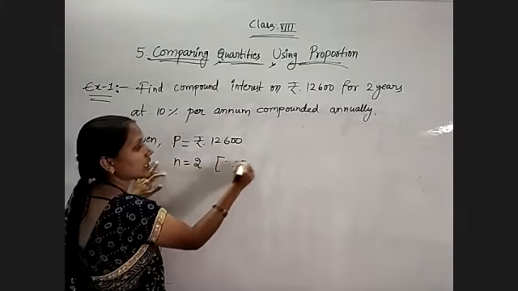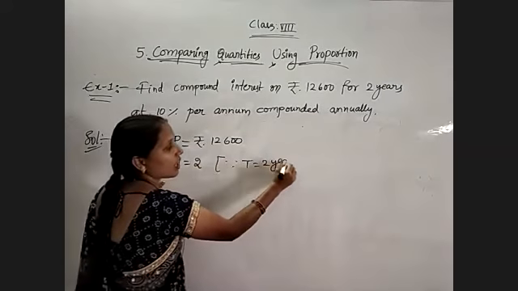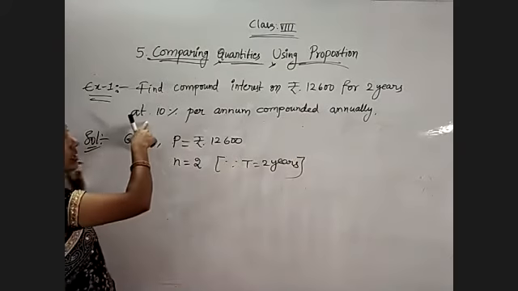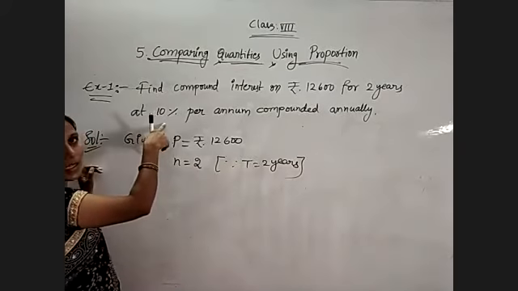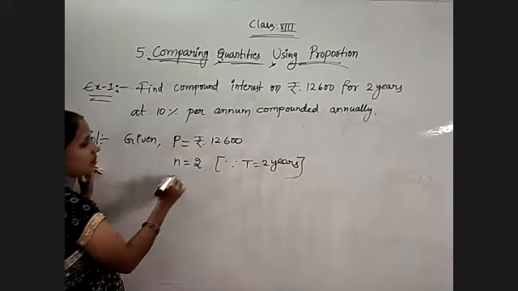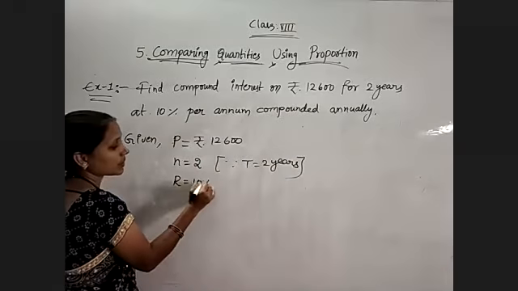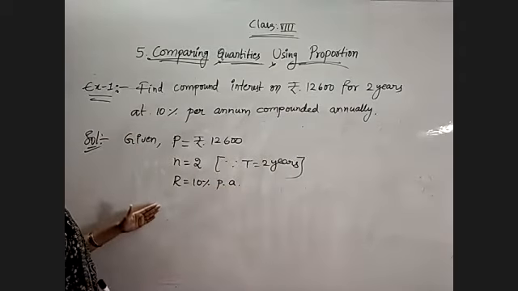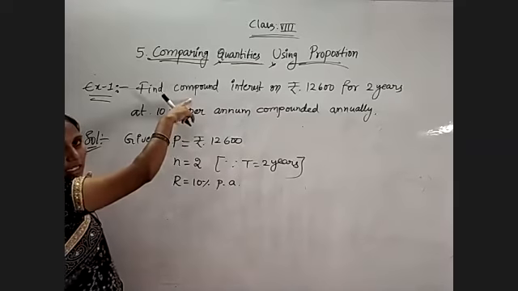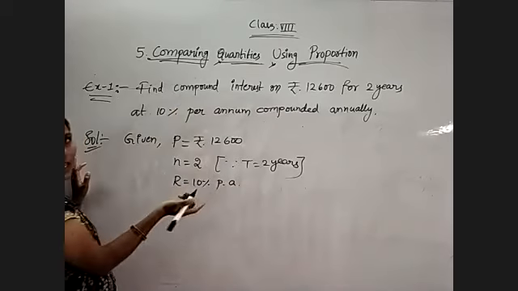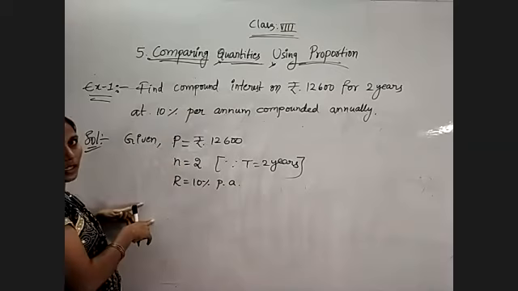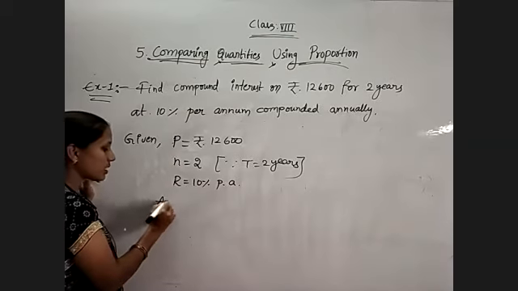Next, R, the rate of interest, is 10% per annum. So all the values we have. What do we need to find out? Compound interest. We can find it directly, otherwise first find the amount and then subtract the principal. So I am finding the amount first.